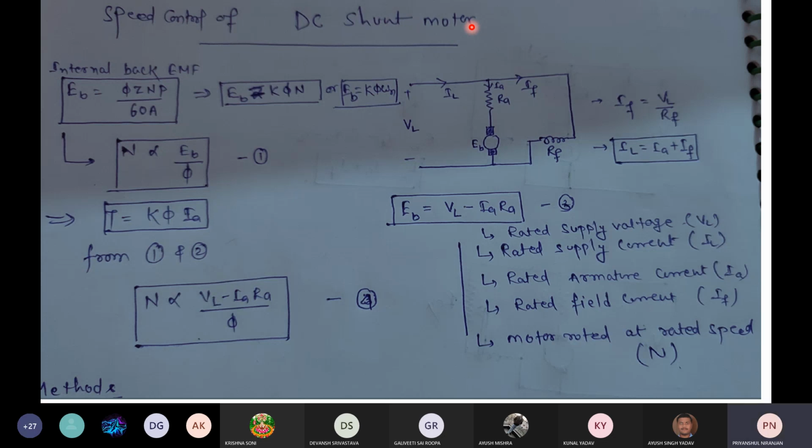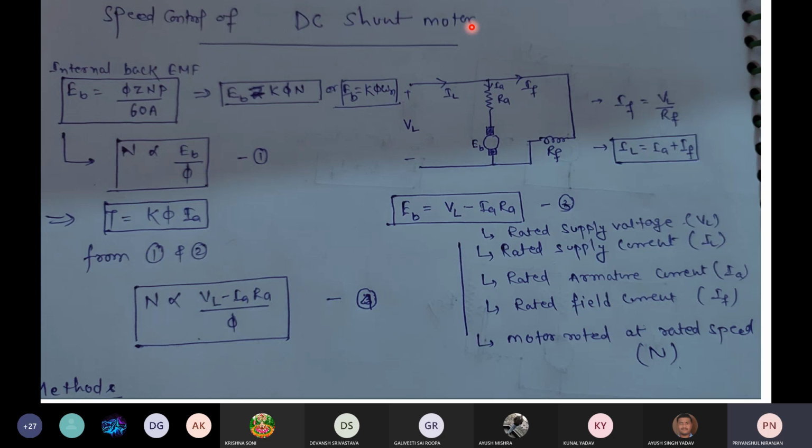That is not good, because heat losses or armature losses are there, so efficiency goes down. If we control the speed of the machine, it is very good for efficiency as well as for the life of the machine, a longer life of the machine. So speed control of any DC machine is good, so we control the speed of DC shunt motors.